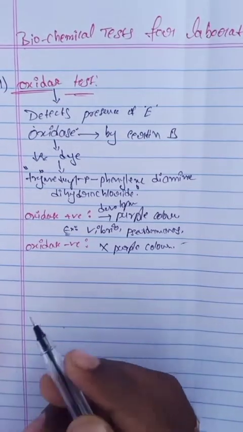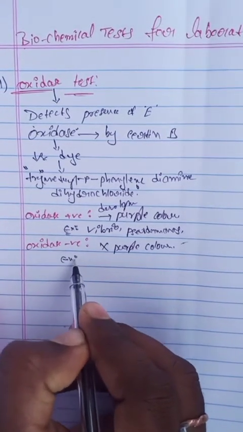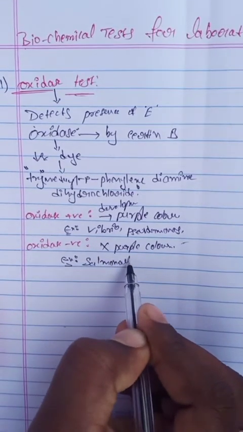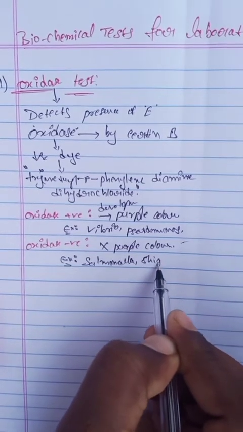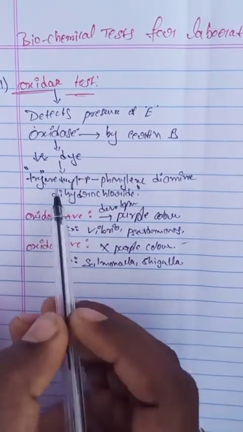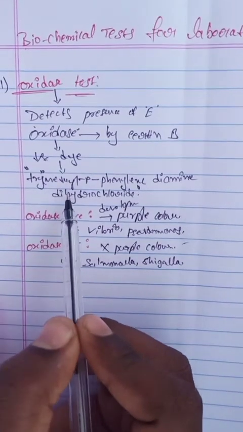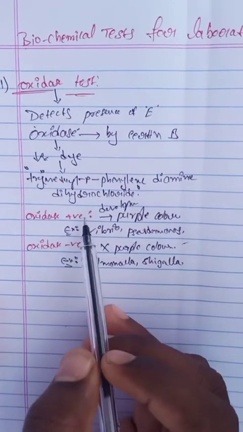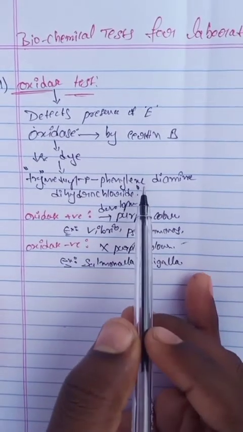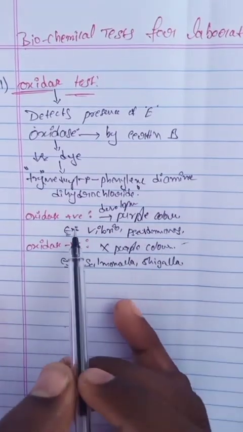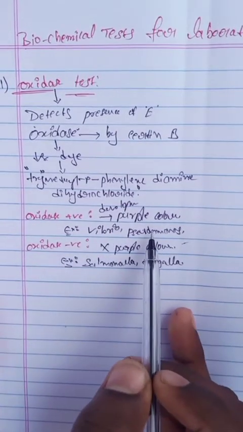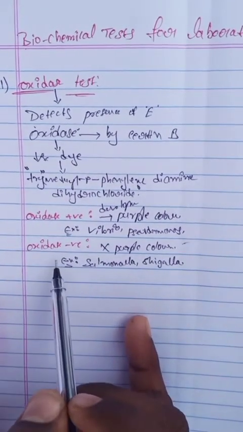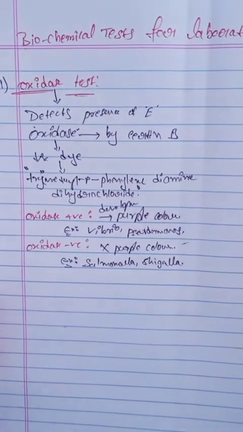Examples of a negative test are Salmonella or Shigella. Where the color changes but the purple color does not develop, it is known as a negative oxidase test. This is about the oxidase test.